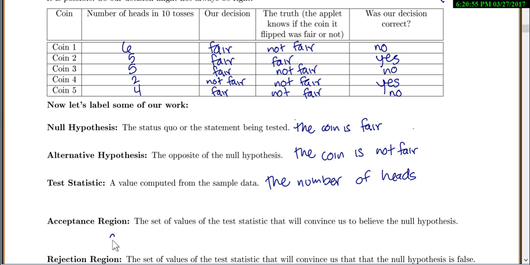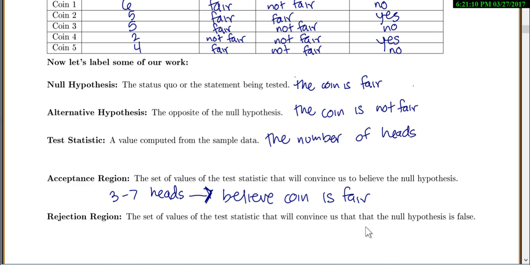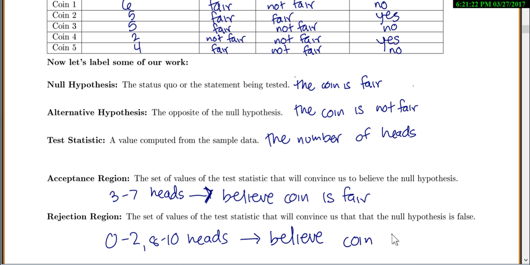So in our case, if we got 3 to 7 heads, then that led us to believe the coin is fair. And the rejection region of 0 to 2 or 8 to 10 heads leads us to believe the coin is not fair.